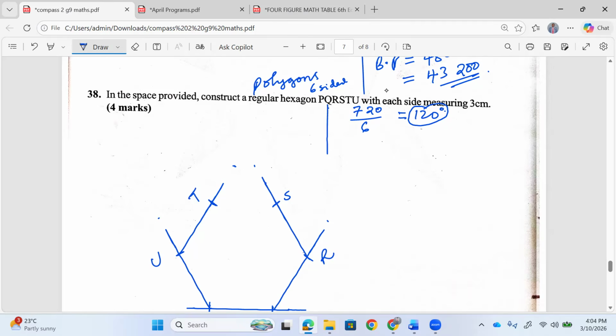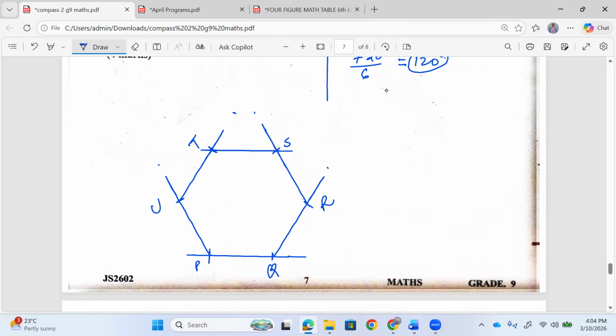Now there you don't have to measure anything. It will automatically become our hexagon of interest. With our hexagon like that, you can just indicate that this is 120. All of them are 120 degrees.